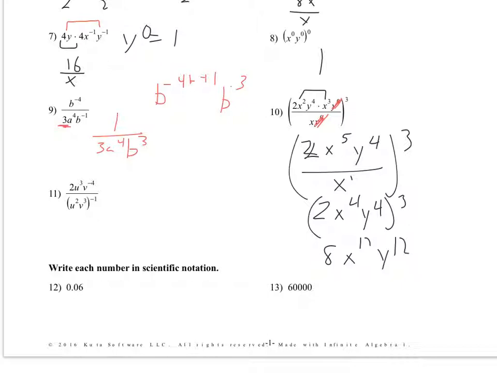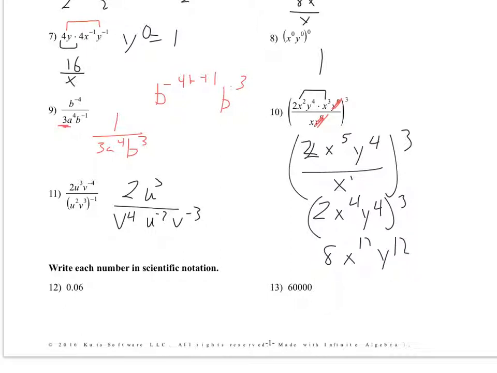And if we look at number 11 here, let's go with 2u to the third on top there. For that, I'll send the v to the 4th to the bottom. And if I distribute this through, I get u to the negative second, v to the negative third.